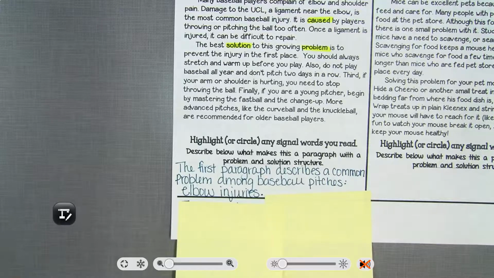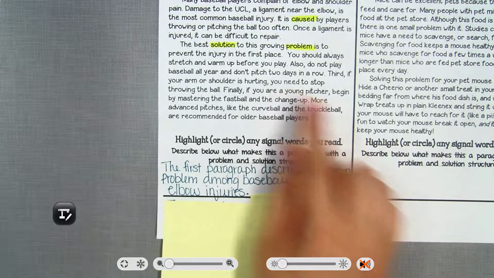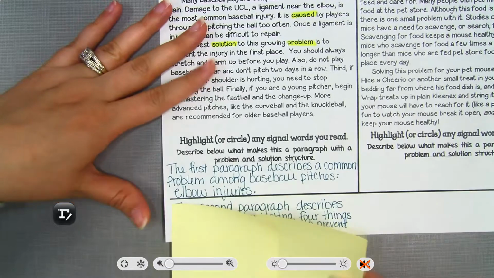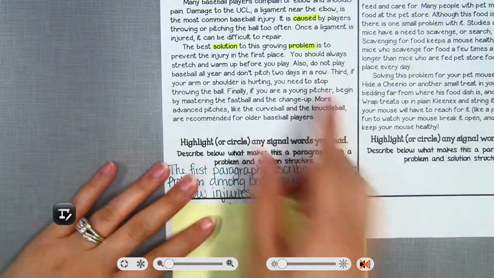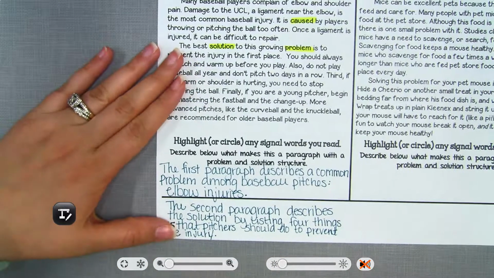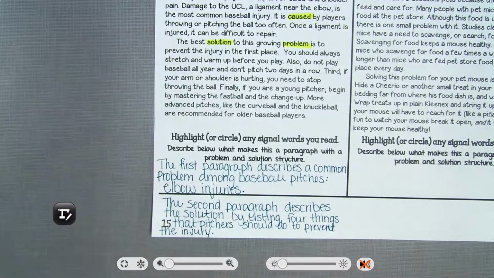Okay, and so in our second paragraph, it talks about the solution, because it says the best solution to this growing problem. So the second paragraph describes a solution by listing 4 things that pitchers should do to prevent the injury. Okay, so it's telling us the solutions.